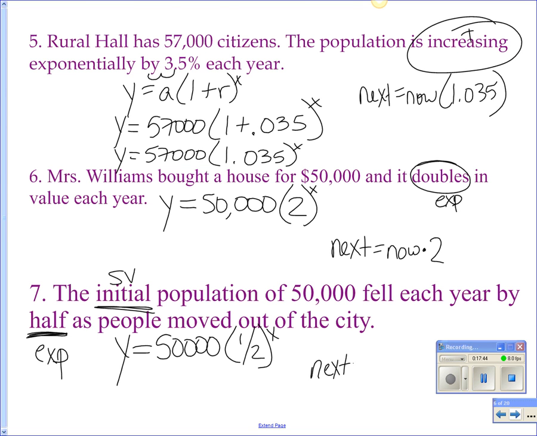Next equals now times 1/2. Times 1/2. Okay, any questions on the front side? Okay, we'll flip it over to the back.